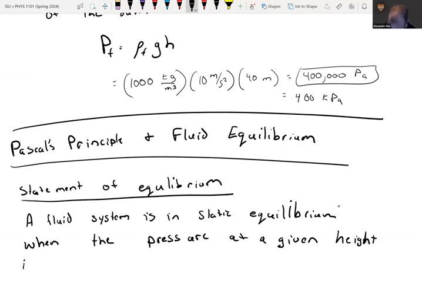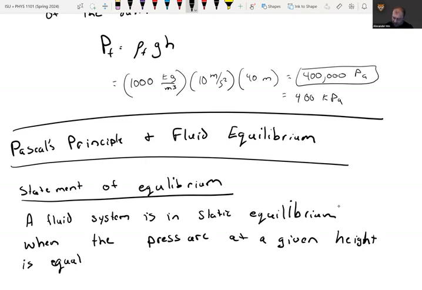That kind of makes sense because pressure is height dependent, which means that if you, for whatever reason, have different pressures at different heights, then you're not in equilibrium. Things are going to have to move around until your pressures do in fact get equalized.